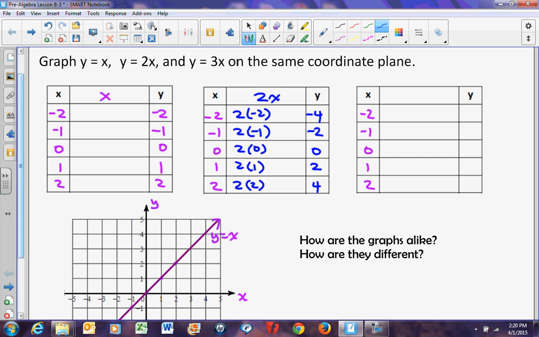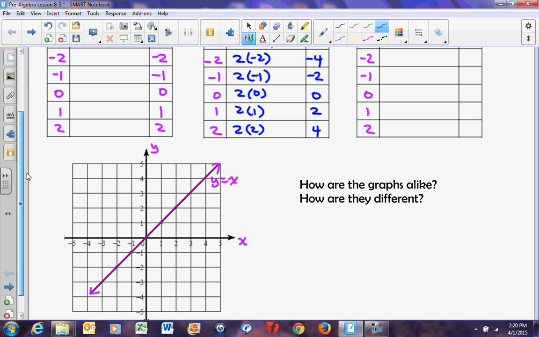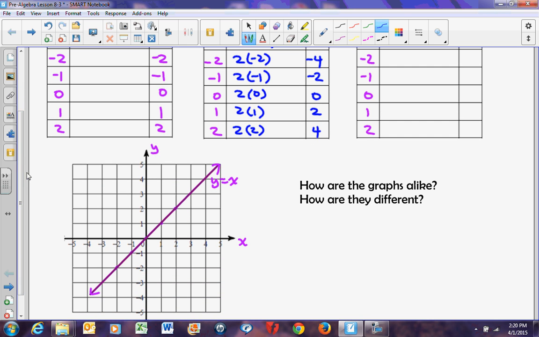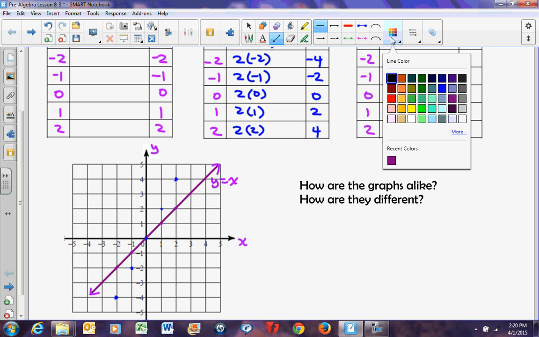So I'm going to graph those points. Negative 2, negative 4. Negative 1, negative 2. 0, 0. 1, 2. And 2, 4. And I'm going to plot those on my graph in blue.